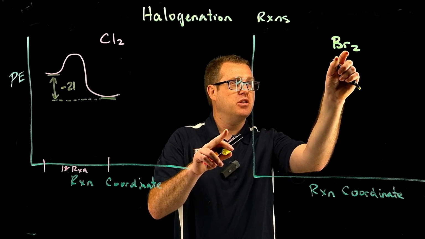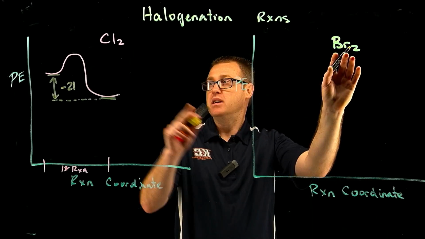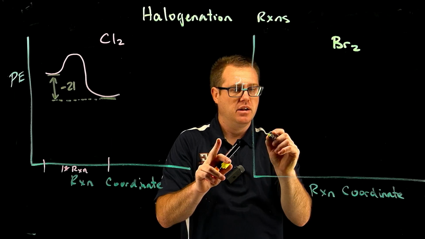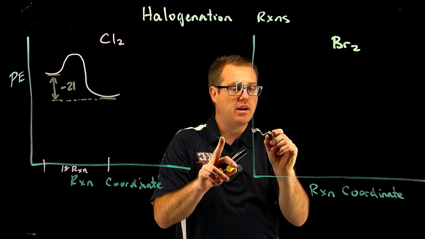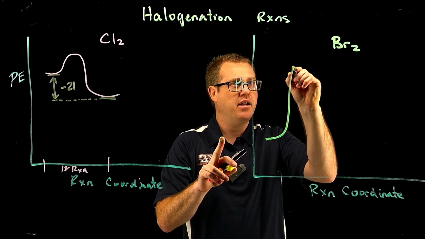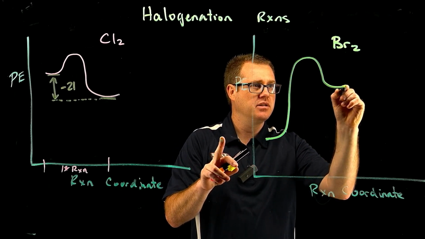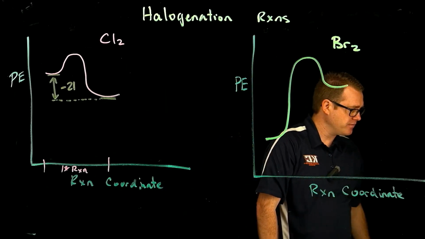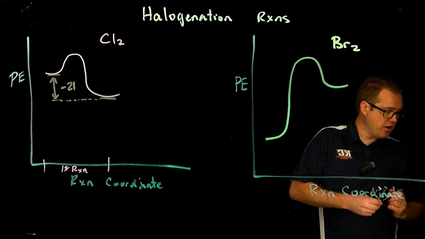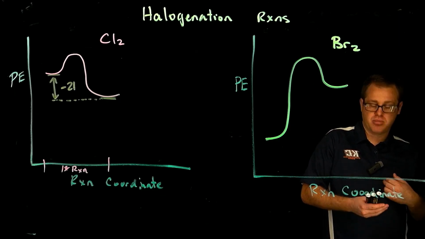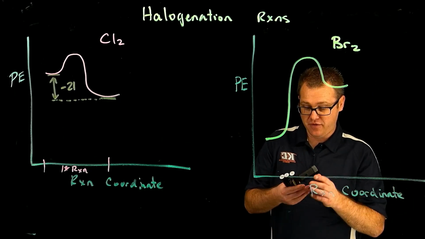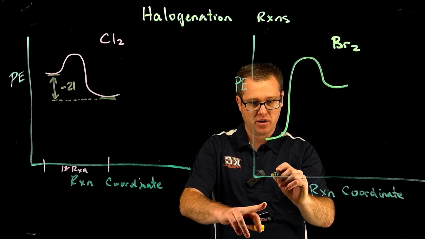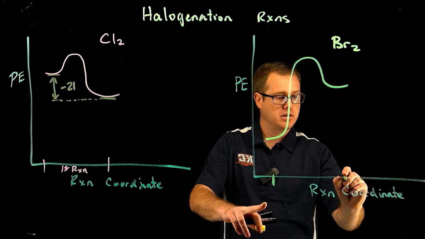Bromine is larger, more stable than the chlorine. So what we have is it starts at a lower energy, but it has a higher energy of activation, like so. And recall the value for bromination in the first reaction. That's from here to there.